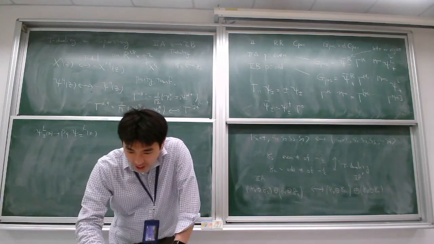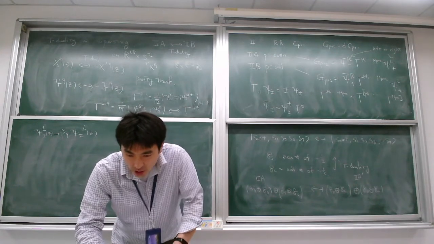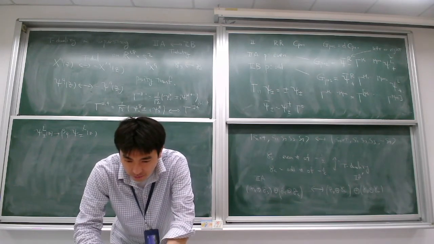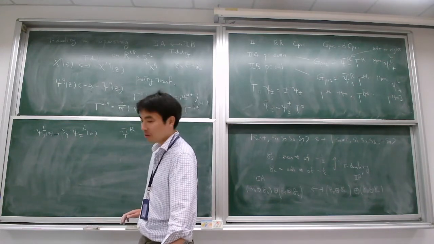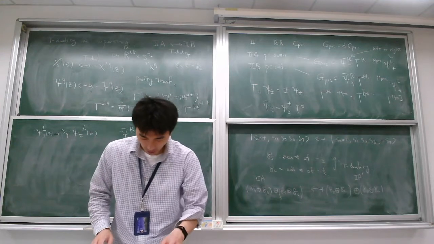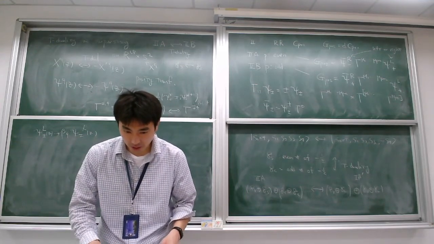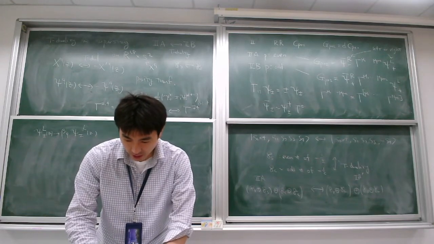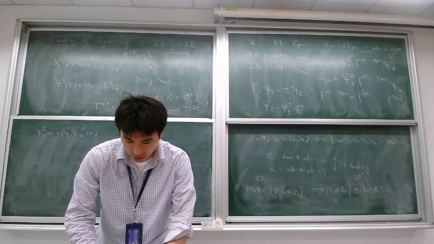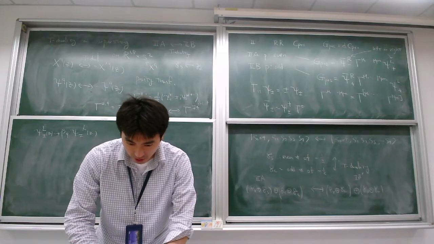Which one is correct? Let's look at it. Holomorphic is right moving? I already forgot. Holomorphic right moving and anti-holomorphic left moving, as far as I remember. Let's take a look at today's homework. Which one did I define?